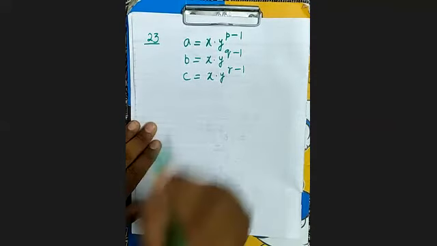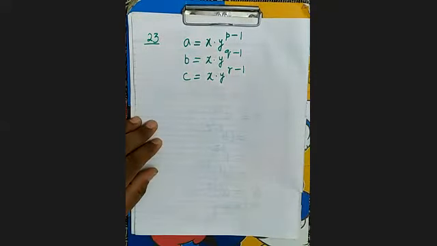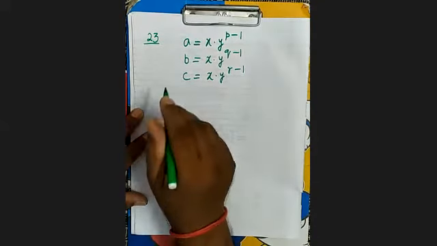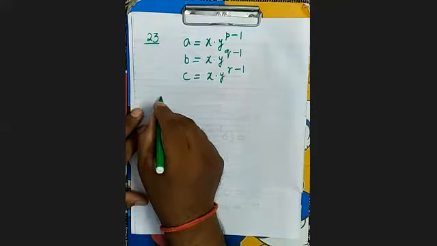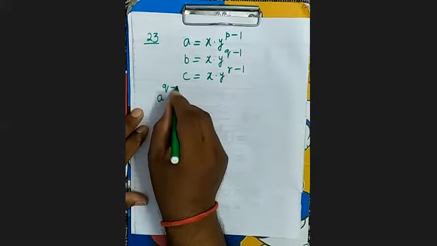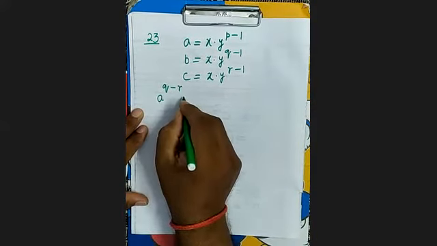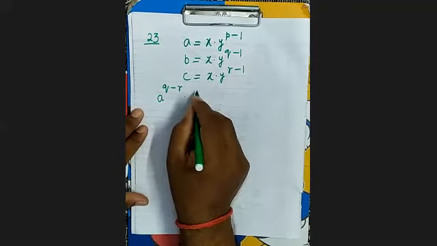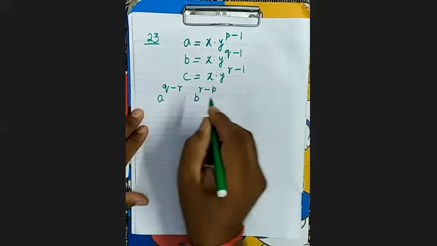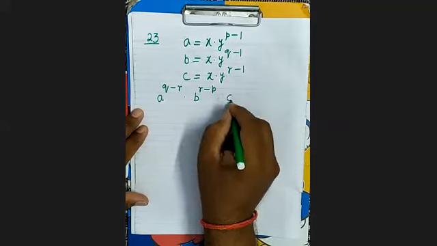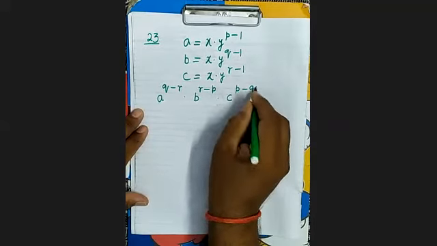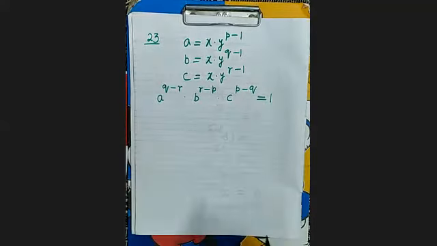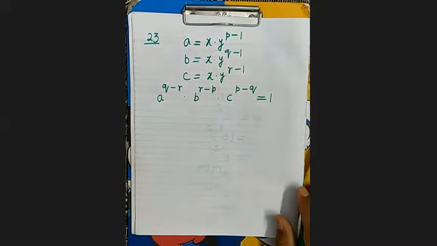This is given, and you have to prove that A to the power q minus r into B to the power r minus p into C to the power p minus q equals 1.